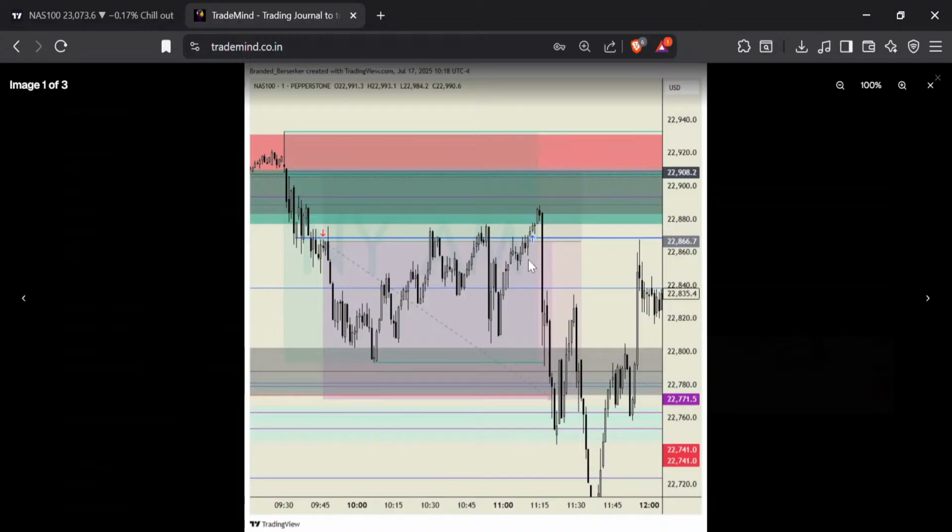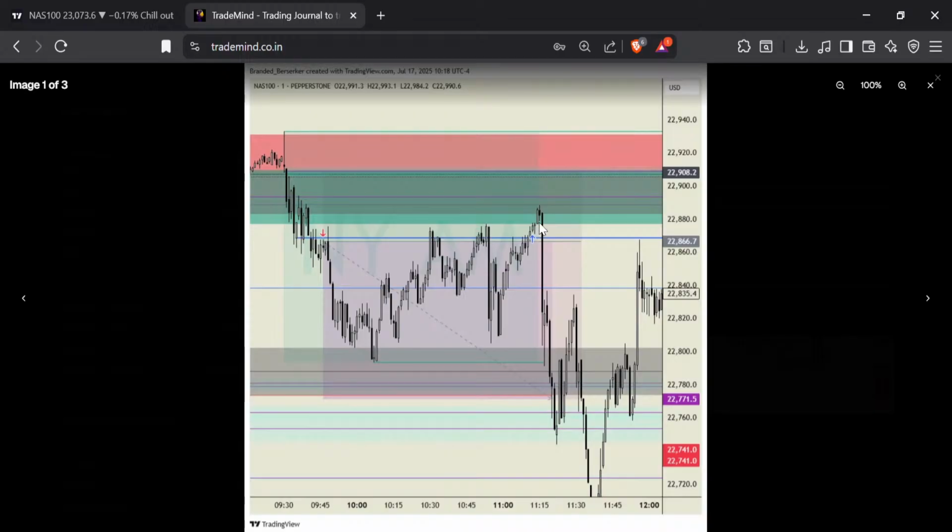So the volatility came in, and as a risk manager, I wanted to protect my capital when unexpected volatility comes in. So I kept my SL above this area, and my SL got hit. The market knows exactly how to rage bait me.